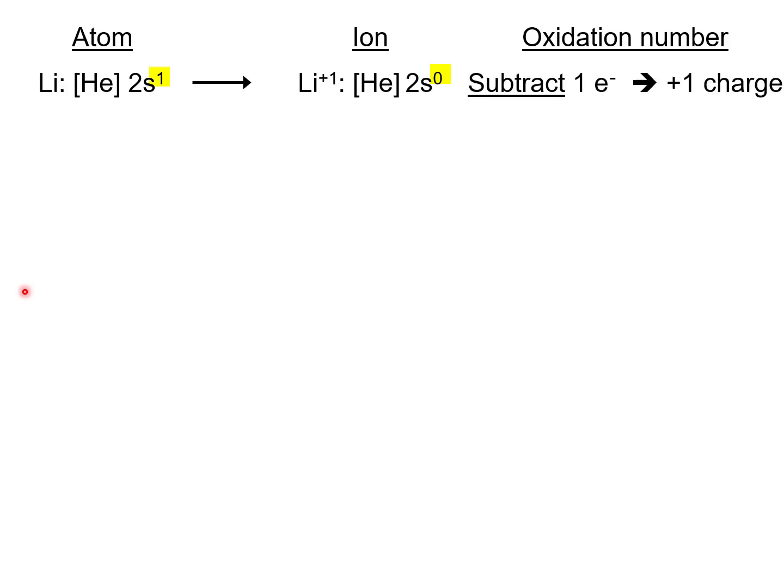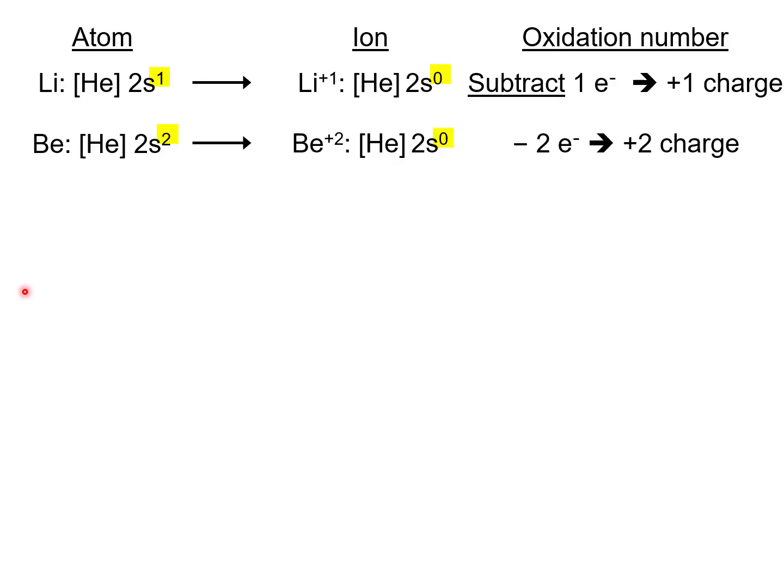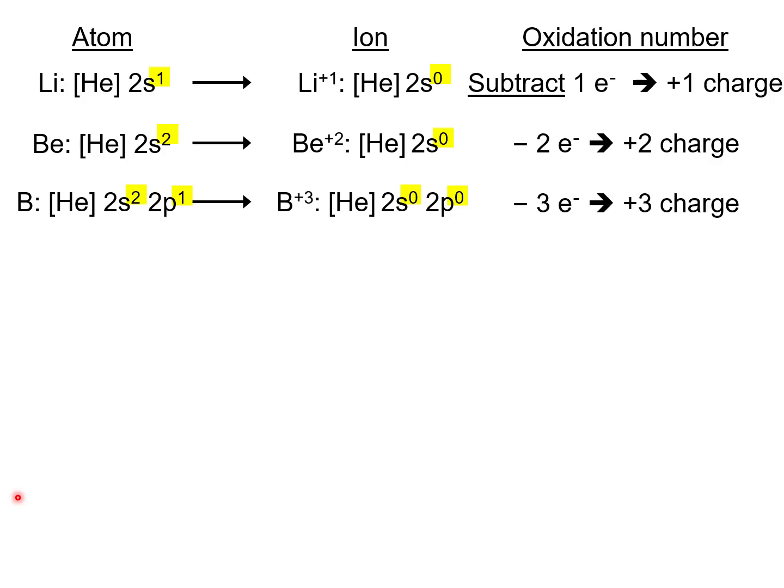So if you subtract an electron, you get a +1 charge. The next one, beryllium, same idea. We're going to subtract 2, and we get a +2 charge. Boron, if we subtract all 3 of these electrons, we'll get back to helium again. And so that would have a +3 charge.